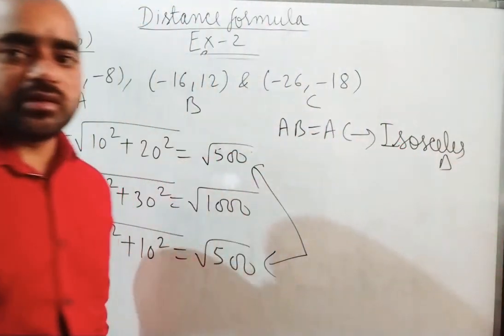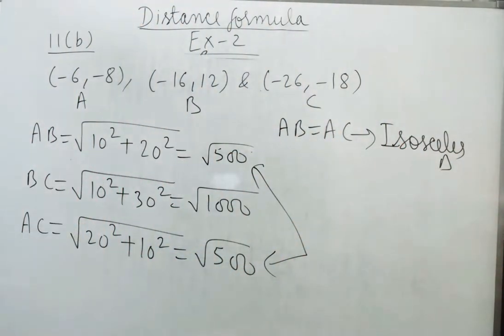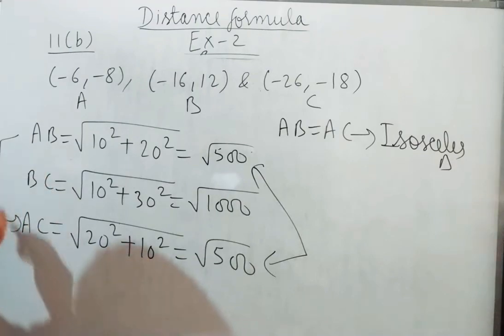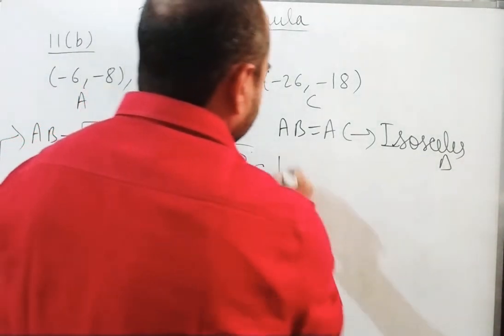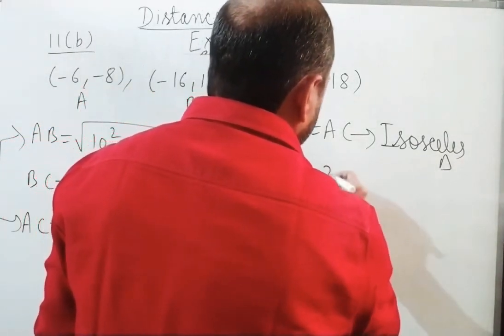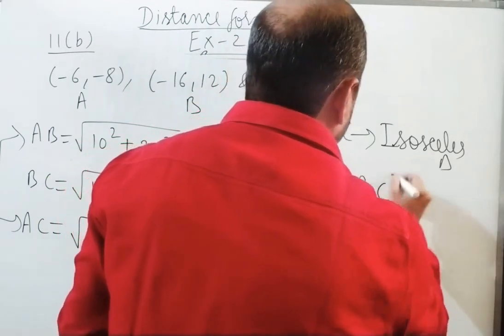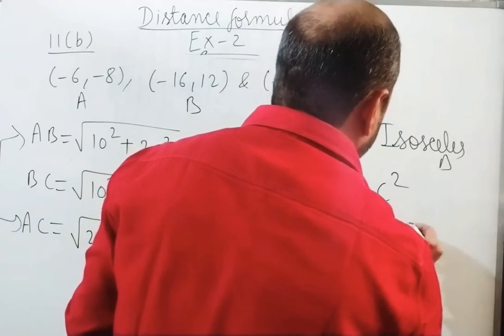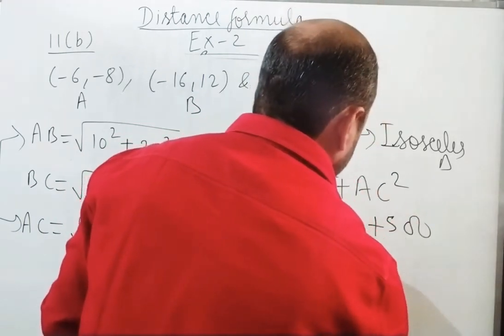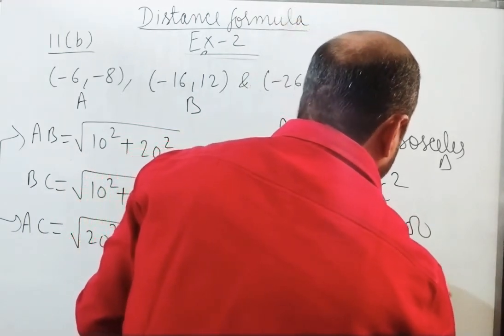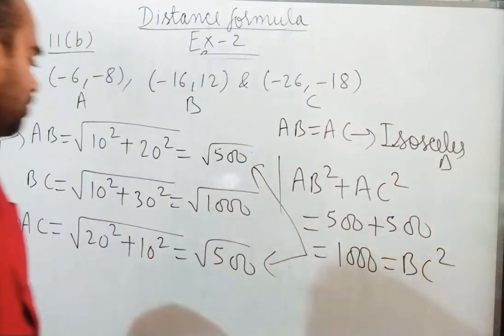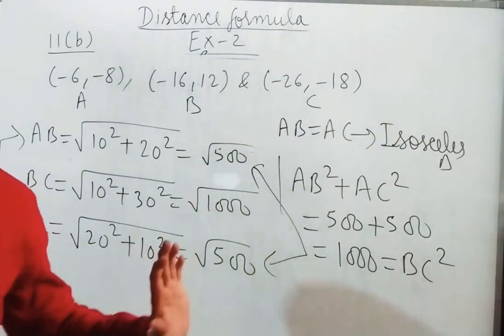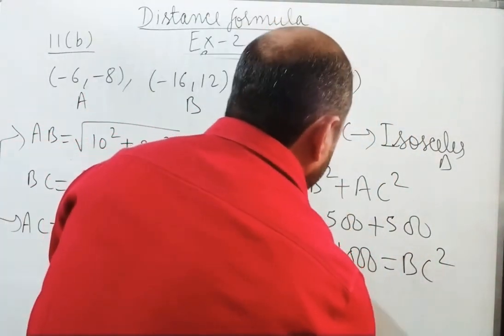Isosceles triangle, correct? And now take the two smaller ones, that is AB square plus AC square. Calculate what will come. AB square means 500, AC square means 500, and this will give 1000, and 1000 is nothing but BC square. What is BC square? 1000. It means that will prove what? Right angle triangle also.